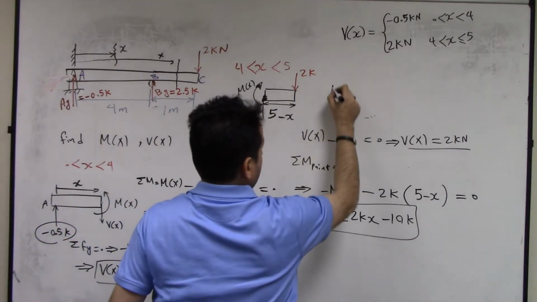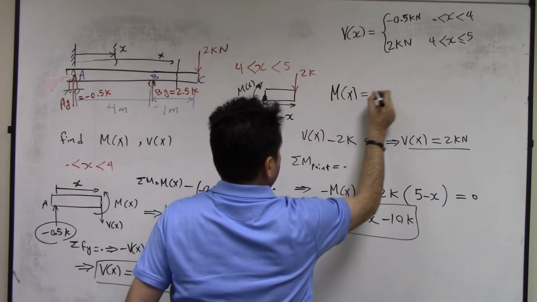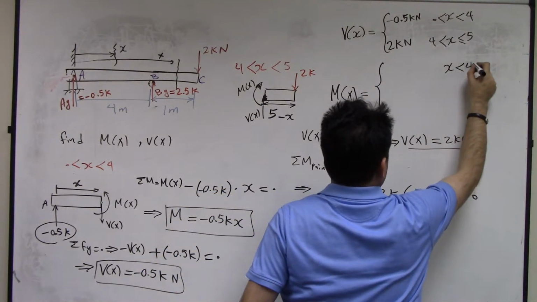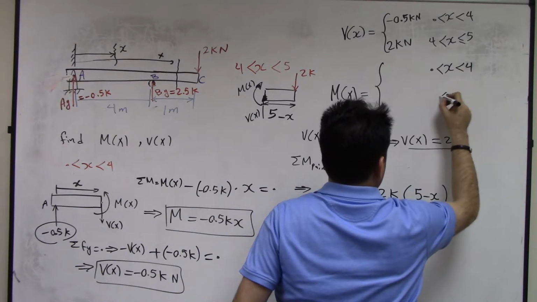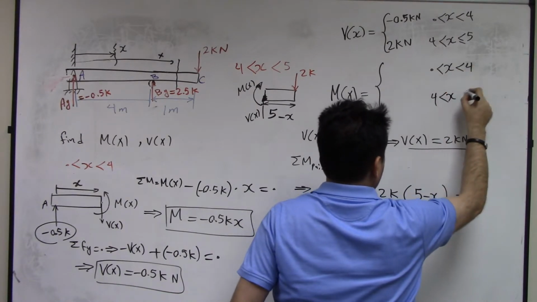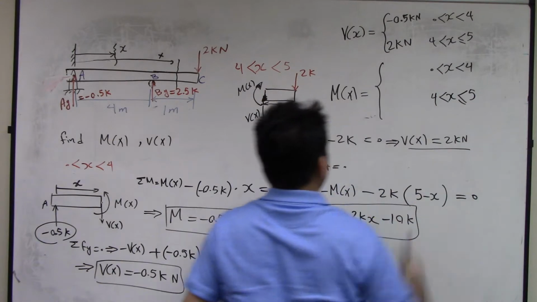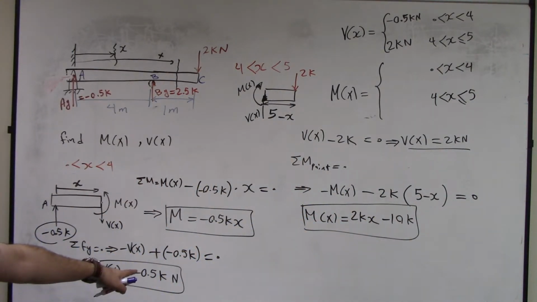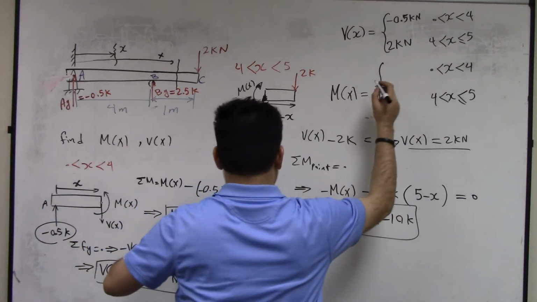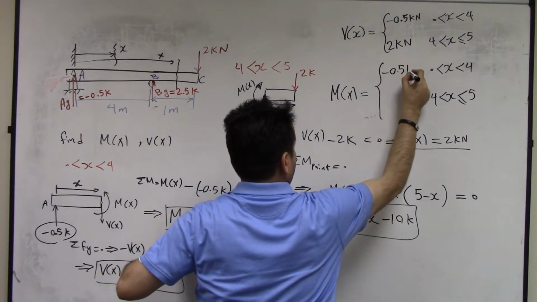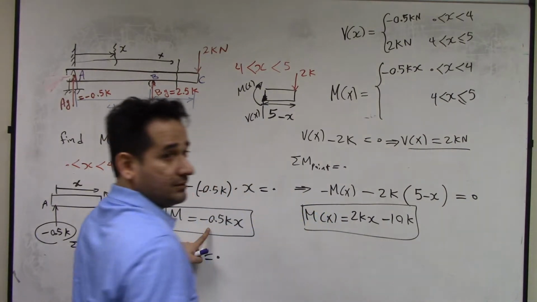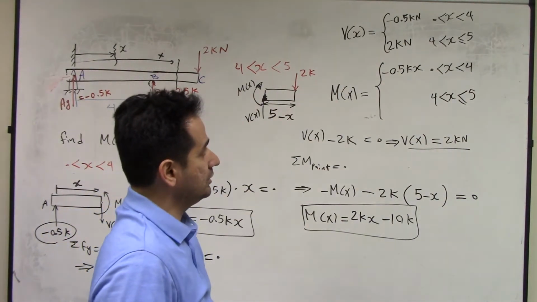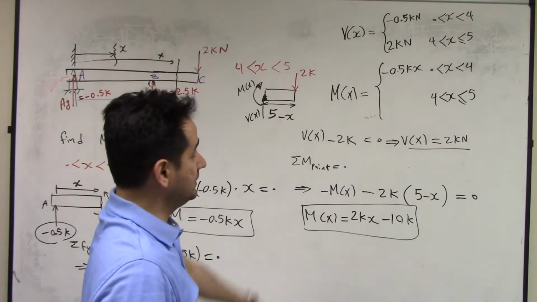The moment relation is, again, x between 0 and 4, and 4 and 5. Then here we have shear negative 0.5K. Moment was negative 0.5Kx. And here we have shear equal to 2K, 2 kilonewtons.